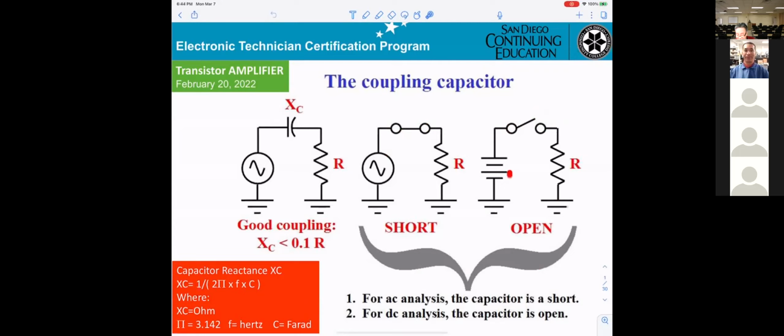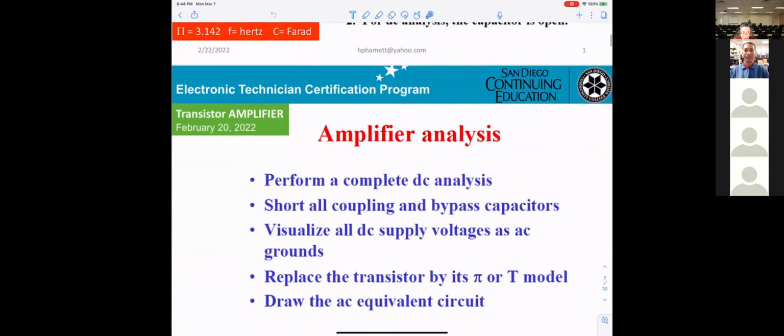However, in DC, no more current. The thing is open. So that's why they say here, AC analysis, capacitor is short. DC analysis, capacitor is open. That's very important. You need to know.